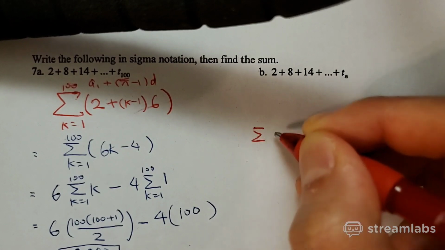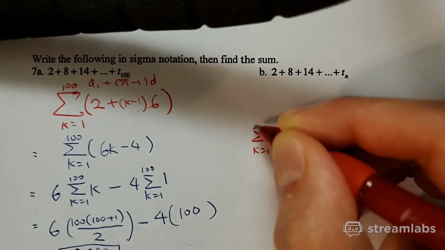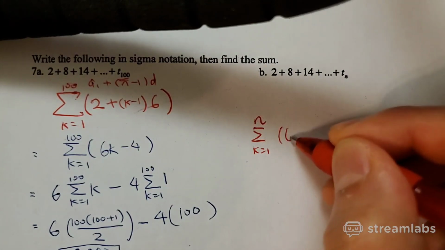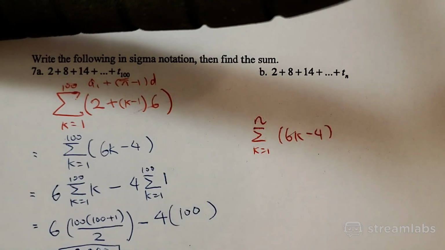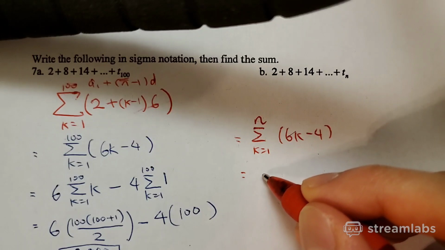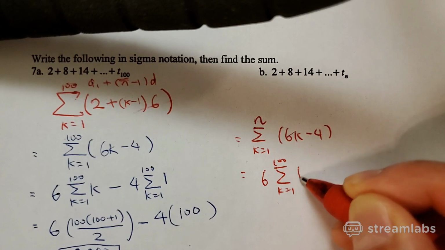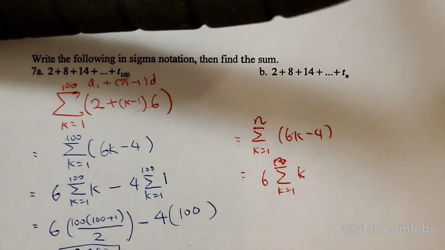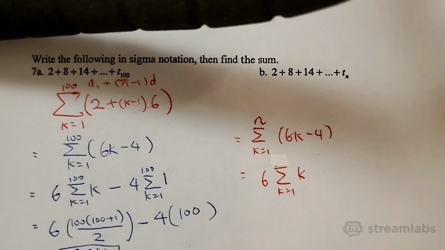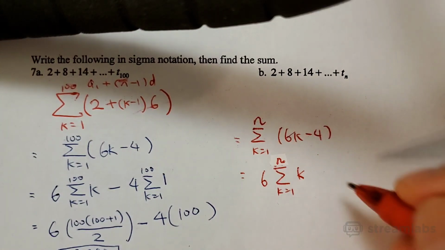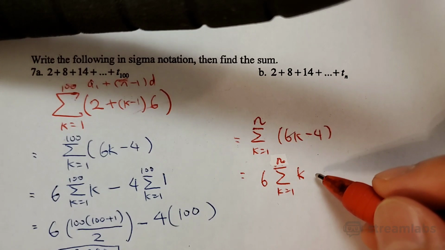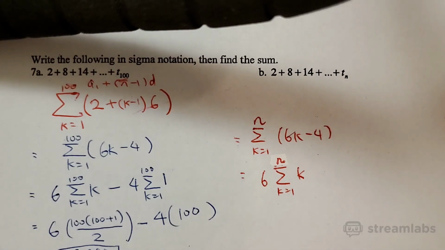So you're following this, it's the same exact thing here, and the next thing would be, you still get this, up to the nth term. And here is still the same, so you'll get minus 4.